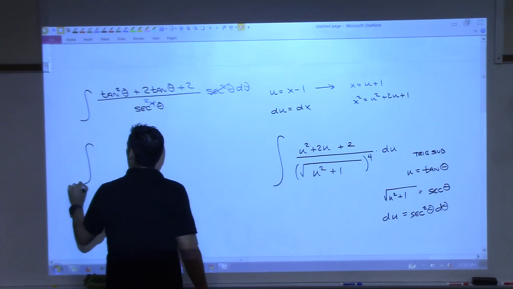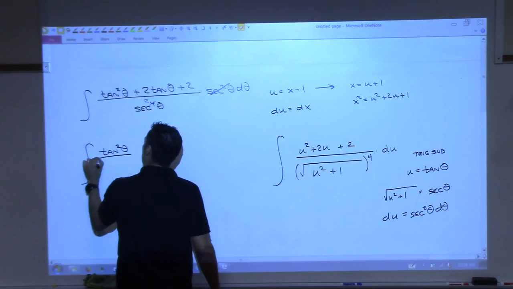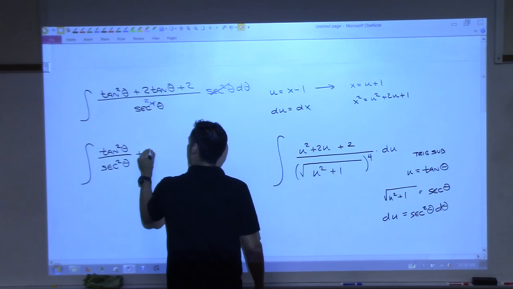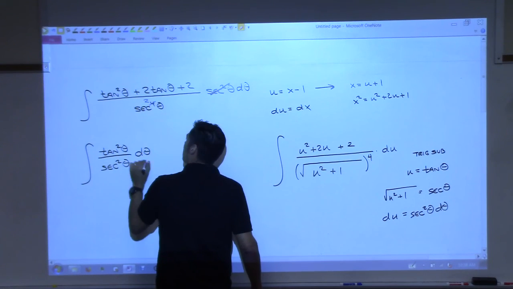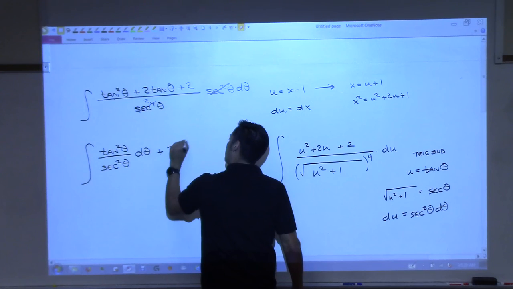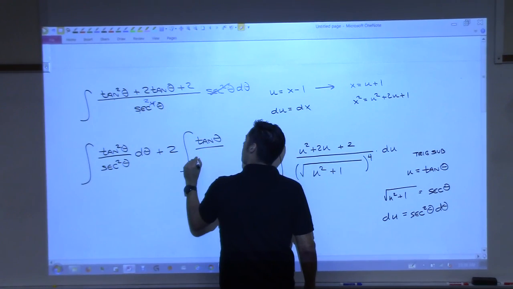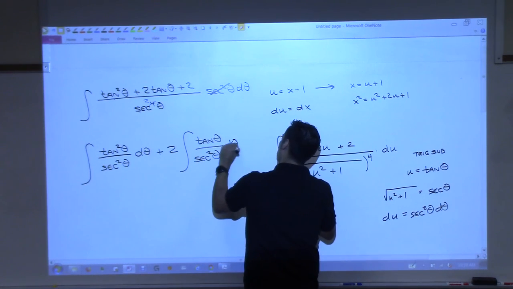The first integral is going to be tangent squared theta over secant squared theta plus 2, I better put d theta there. That's my first integral. It's that over that. Plus, I'm going to pull the 2 out. I have tangent theta over secant squared theta, d theta.